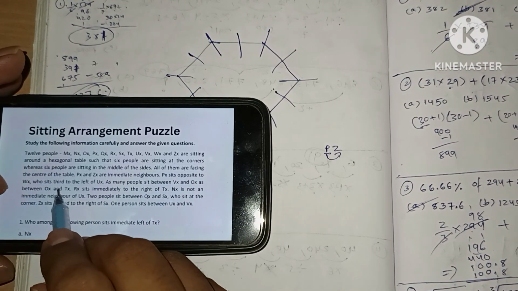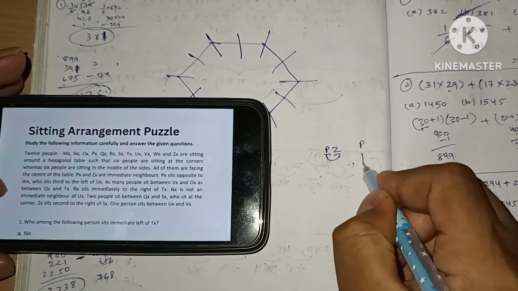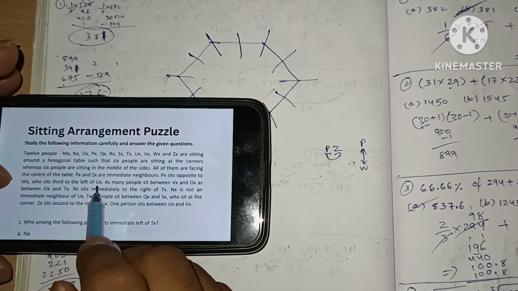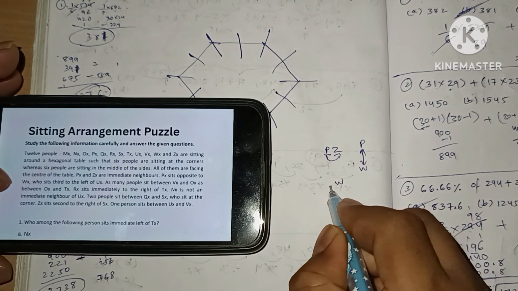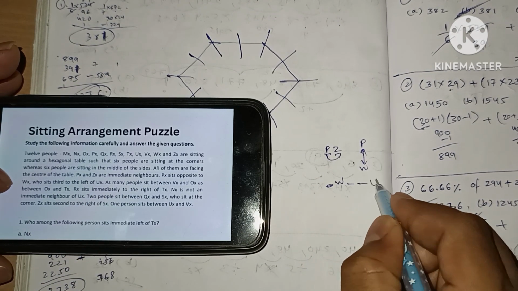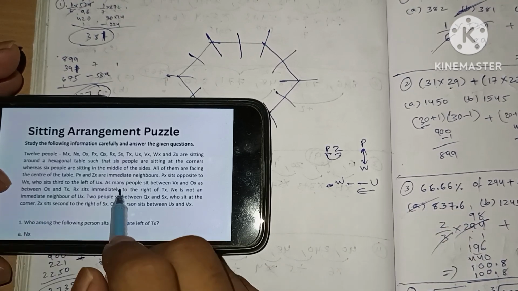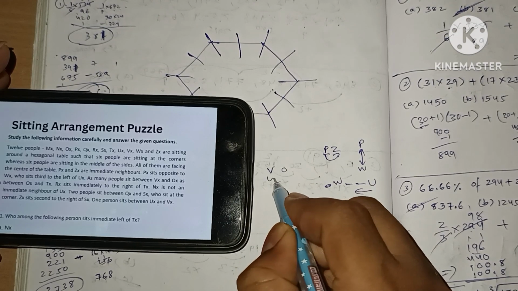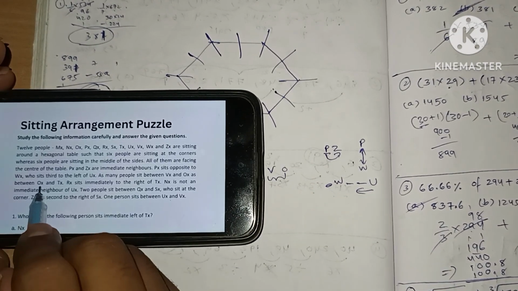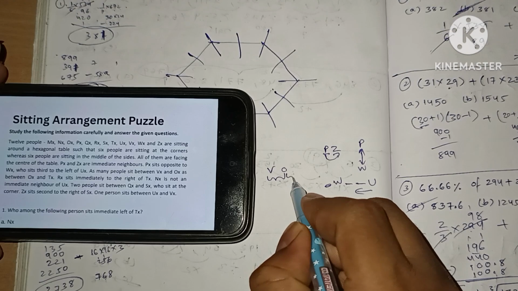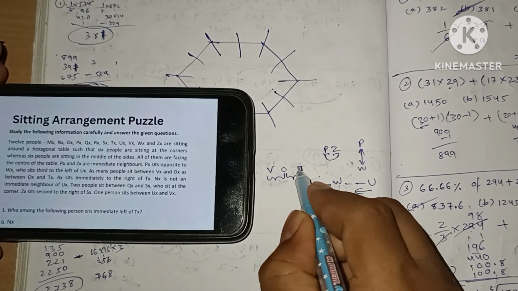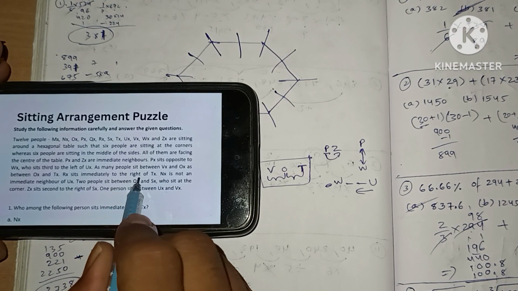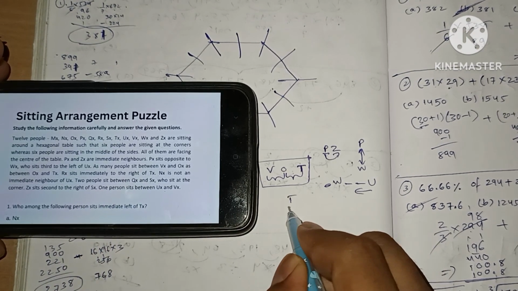P sits opposite to W. W sits third to the left of U. As many people sit between V and O as between O and T. Next one, R sits immediate to the right of T.